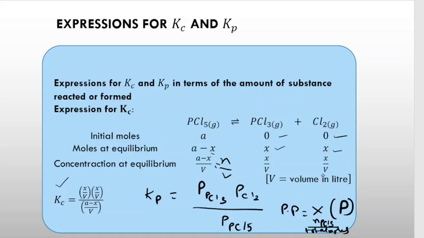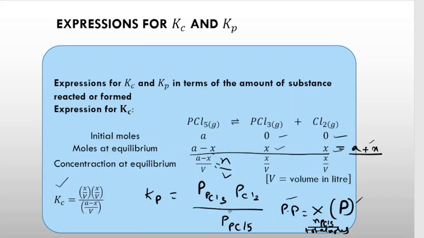Then, how to calculate the total number of moles? Check this one: A minus X, X, and then X. If we sum these three terms, you will get A plus X as the total number of moles. So if we consider the partial pressure of PCl3, the number of moles of PCl3, X, divided by A plus X, into capital P, will be the partial pressure of PCl3.